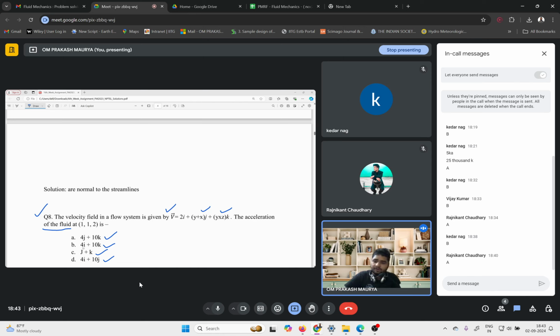Please try to calculate for question number 8 which option will be correct. Here the velocity field is given, and we need the acceleration of the fluid.